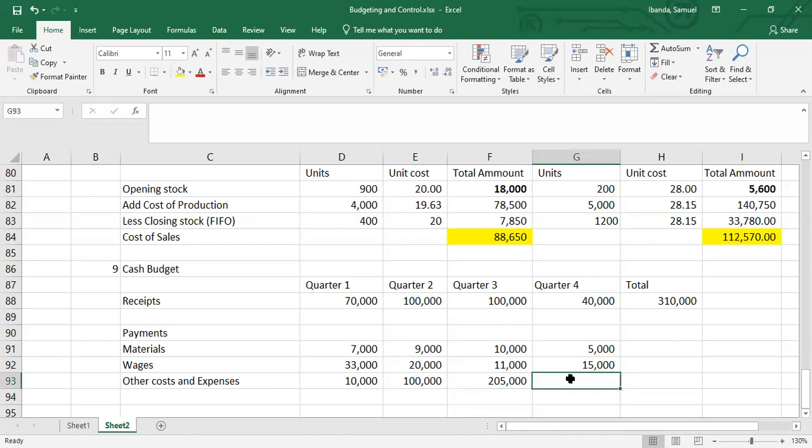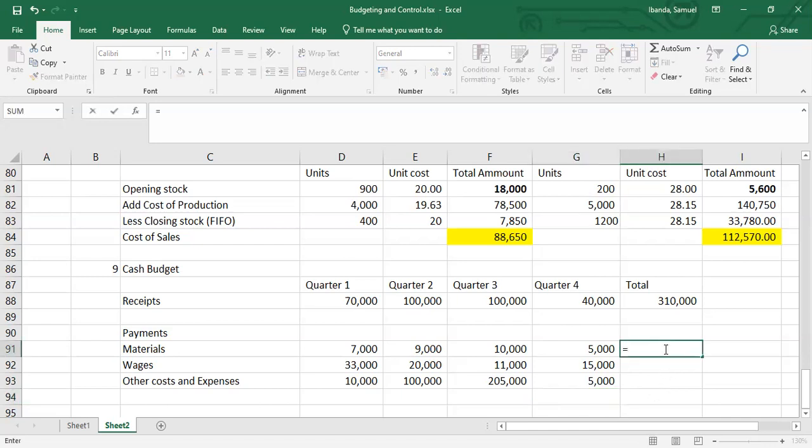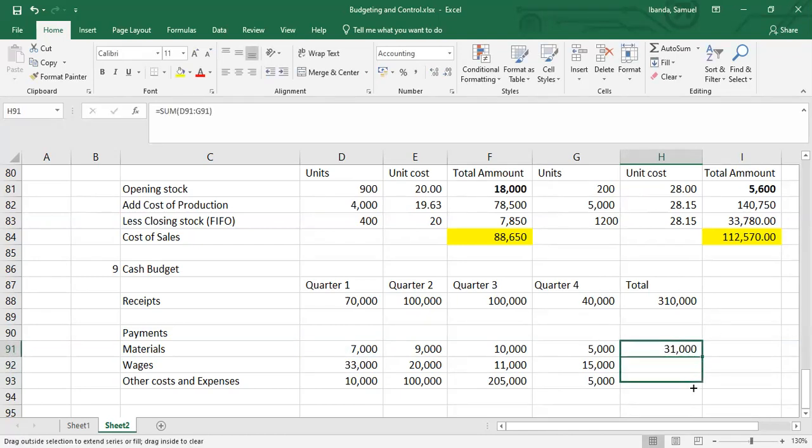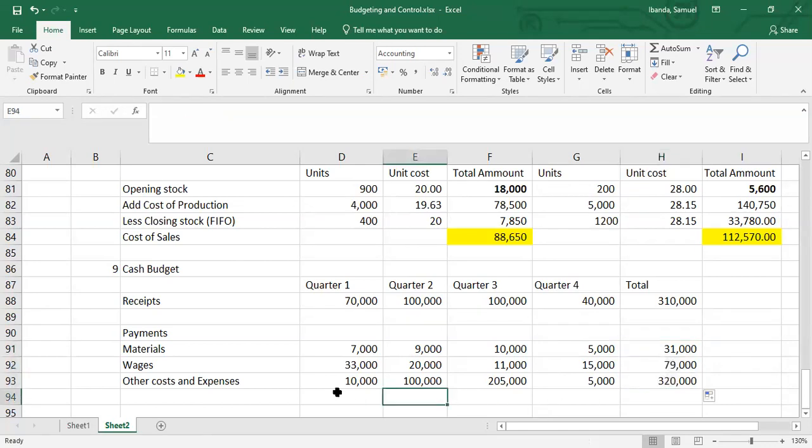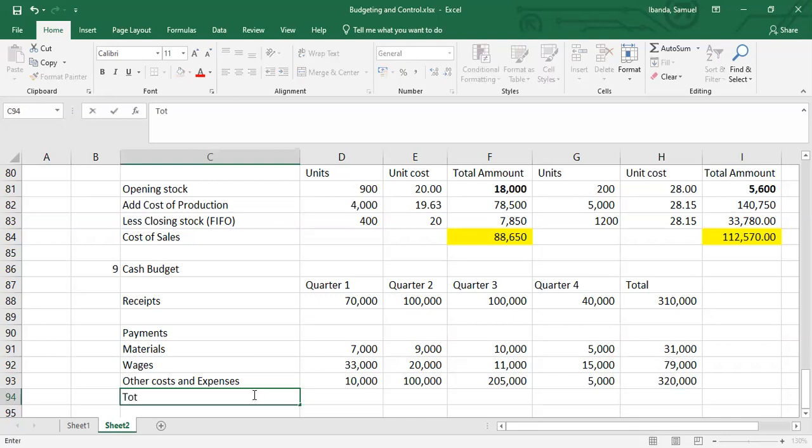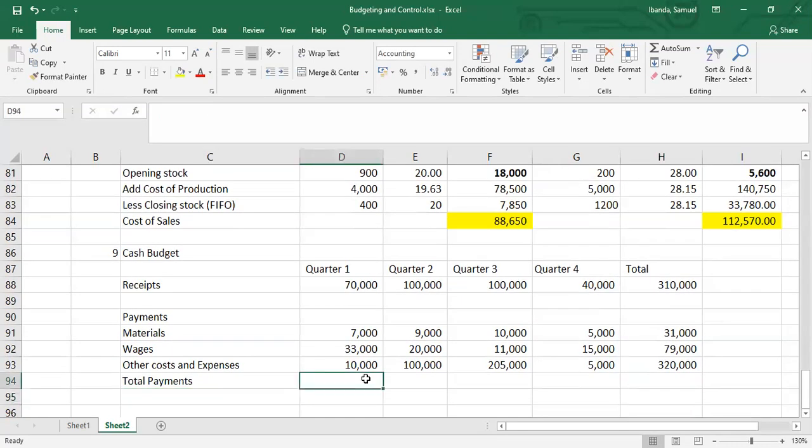This is just basically copy and paste from the information I've been given. I'm not really calculating this, so you shouldn't disturb your mind. If I'm to get the total of each of these, 31, like that. So I can also get the total payments under each quarter.